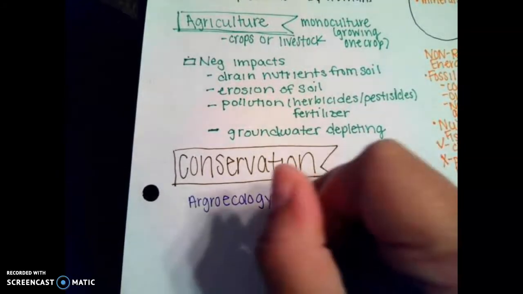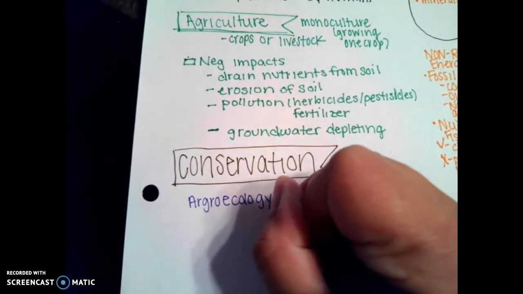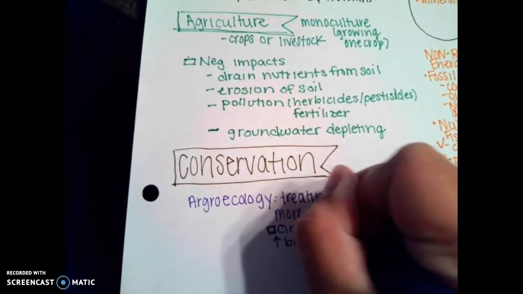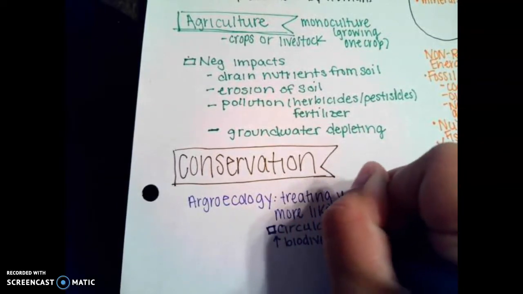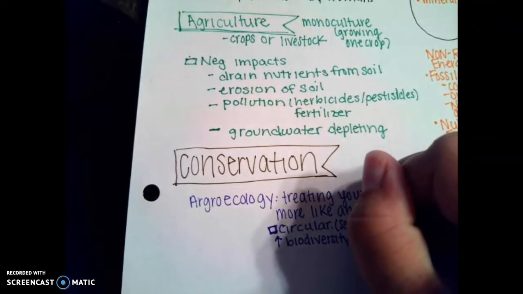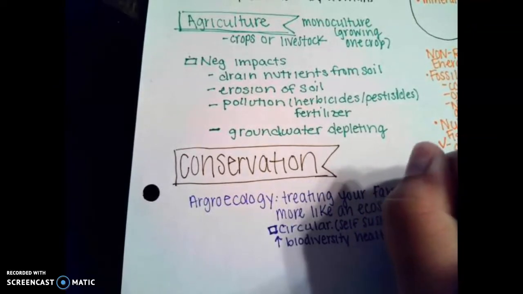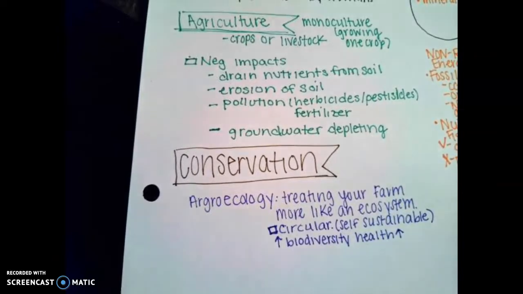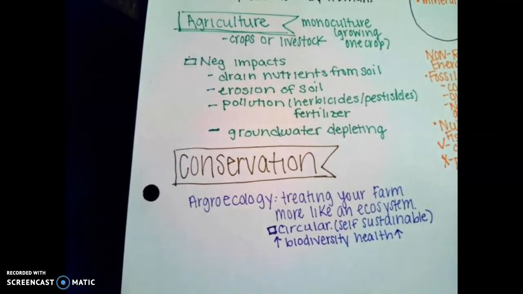Diversity: generally when we increase the biodiversity of a system, we learned this in our biosphere unit, the health is also increased, which is great. And it also helps to build resilience to issues like flooding or droughts or other storms like hurricanes, or even maybe disease within our crops.